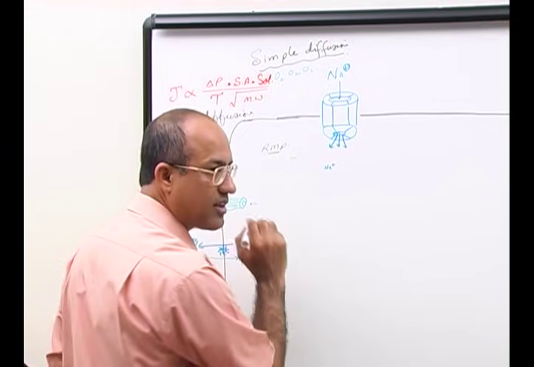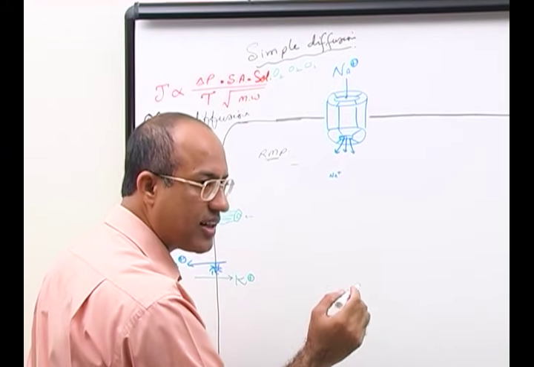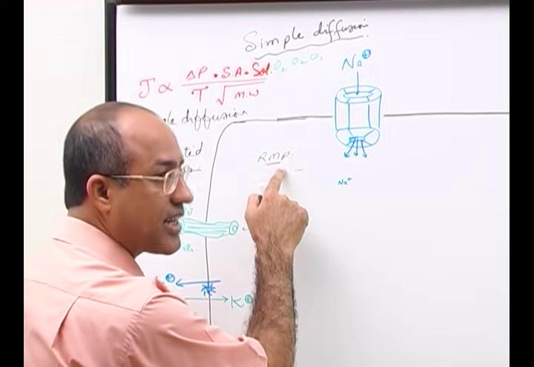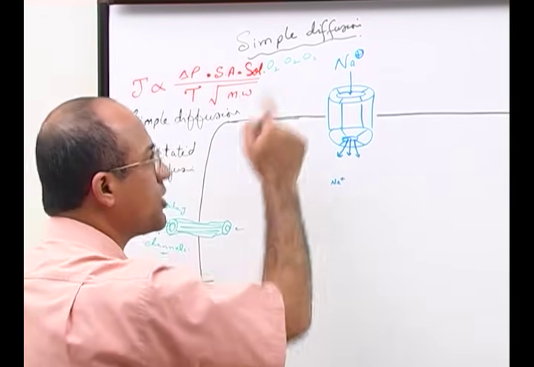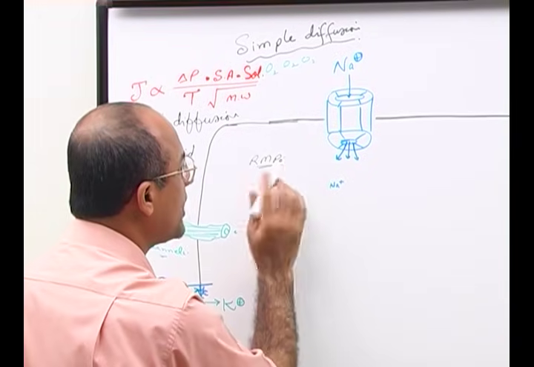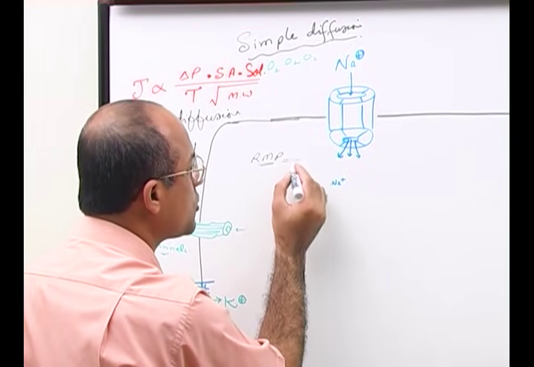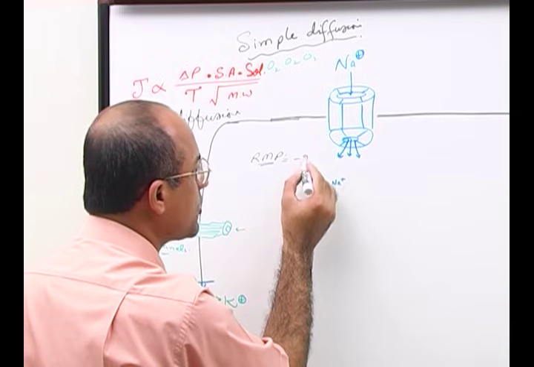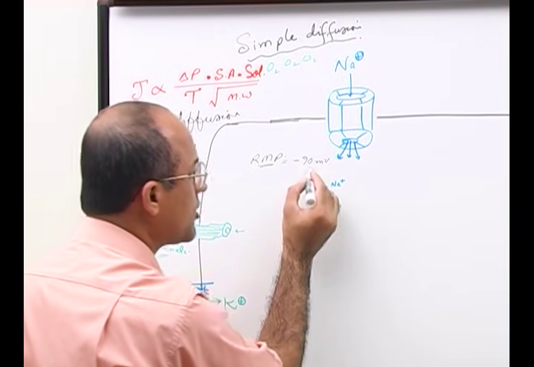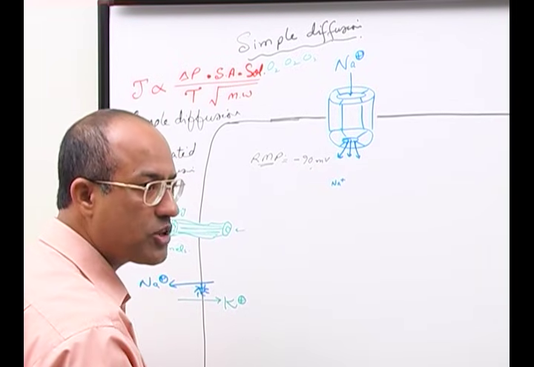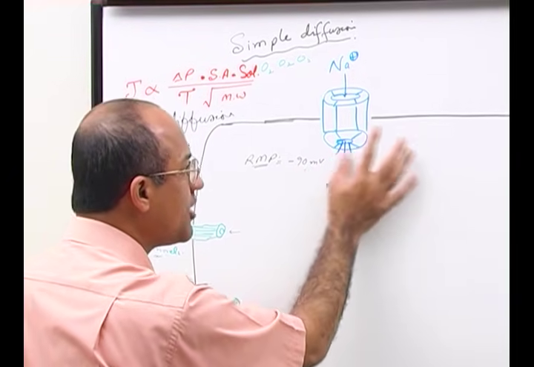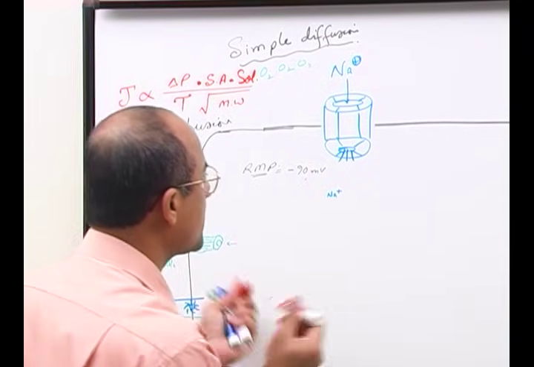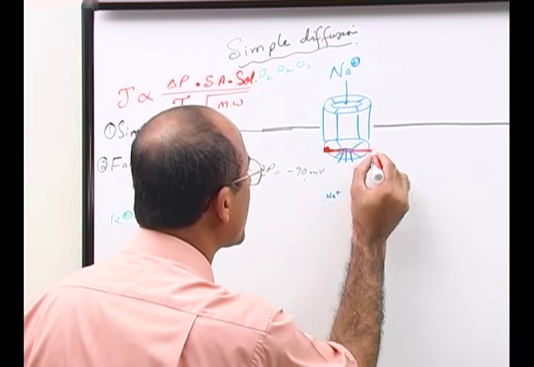You will study it later, that when cells are resting, many cells are electrically negative, minus 90 millivolt inside as compared to the outside, right? We call it resting membrane potential. Suppose a normal cell has a resting membrane potential of minus 90 millivolt. Many sodium channels at this potential remain closed.